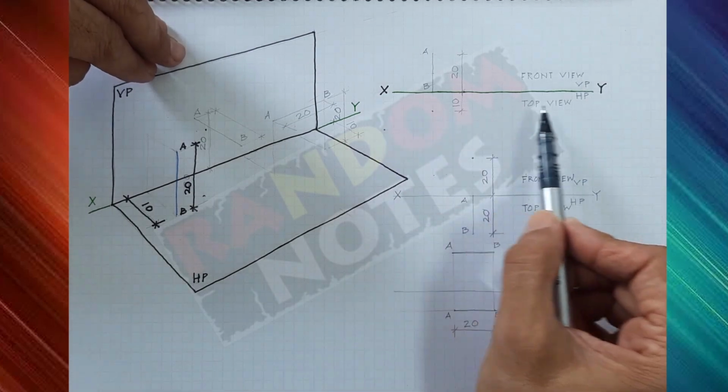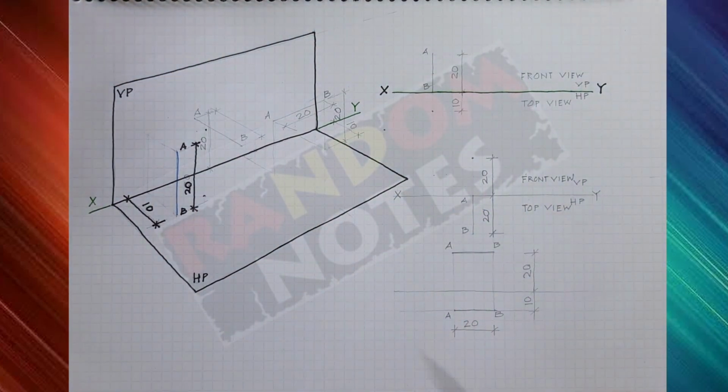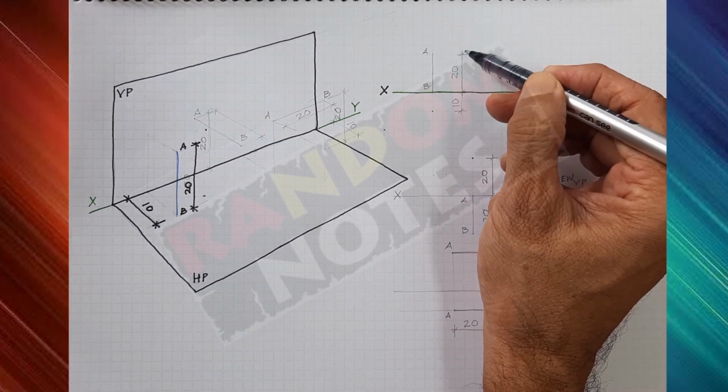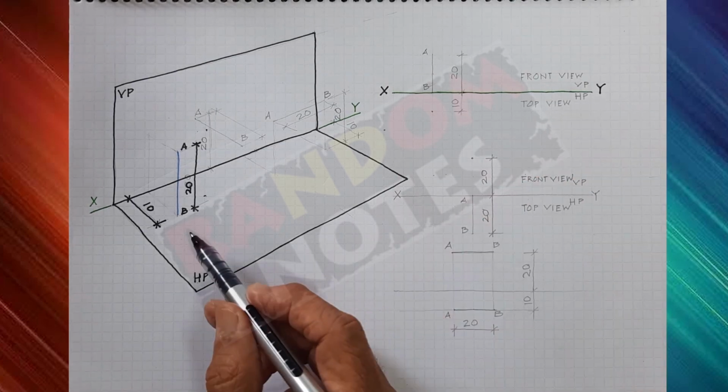This is the line XY. Now we have a line which is 20 mm long and it is touching the horizontal plane.